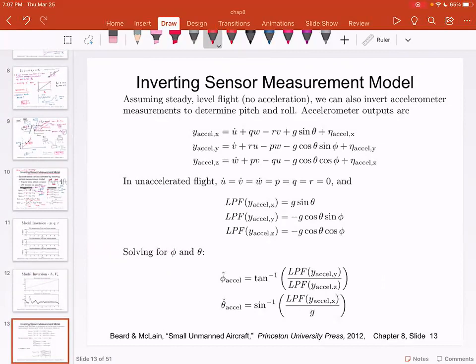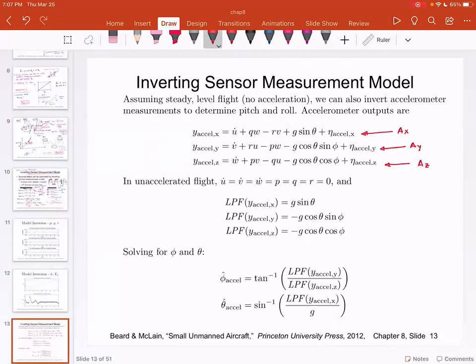If you look at the output of the accelerometer in x direction, this is what you are going to get. This is the output of the accelerometer in x direction. This is the output of the accelerometer in y direction. And this is the output of the accelerometer in z direction.